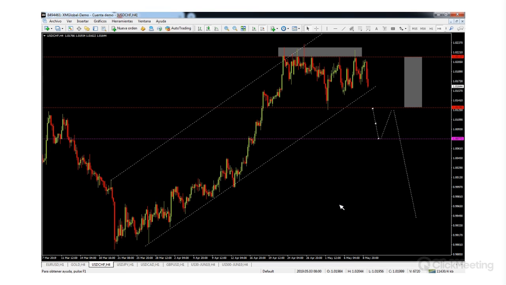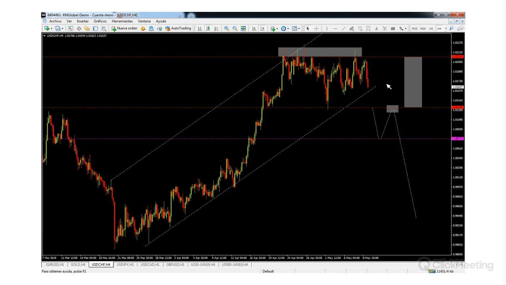Again, I don't trade Swiss franc pairs, but technically speaking, this is what I would be looking for, and here is where I would be looking to sell if we break to the downside.